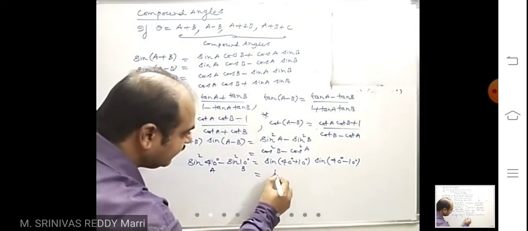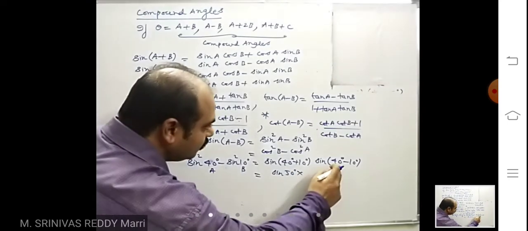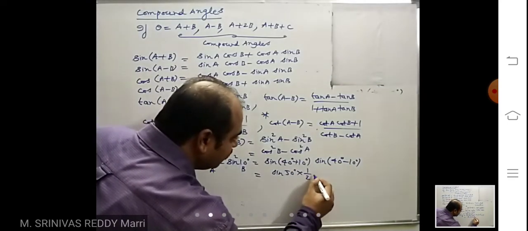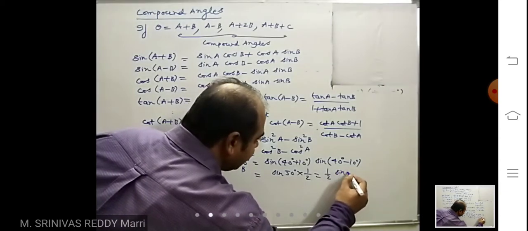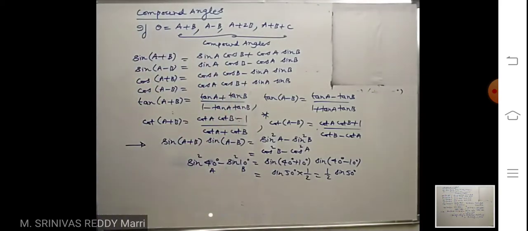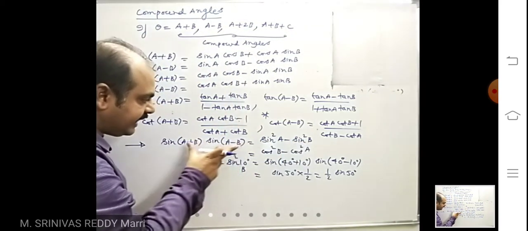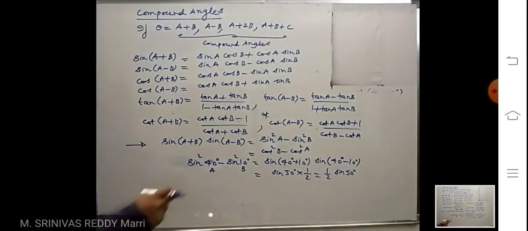So this is sine 50 into sine 30, you know. That means its value is half sine 50. If this is given, you have to write this one, and if that is given, you write the other. Like that, this is how to use sine square A minus sine square B. Next, suppose cos is there.